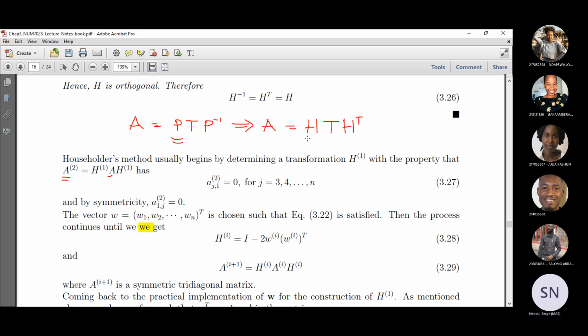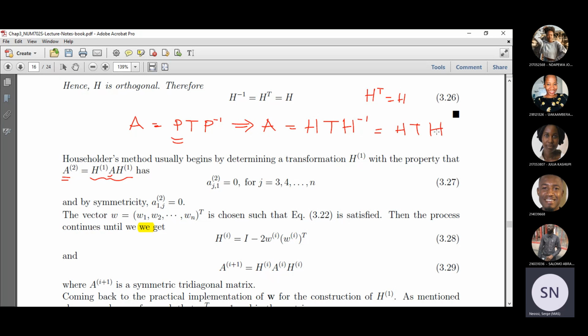Because we know that H transpose is H inverse, and we know that H transpose is H. That's exactly what we wrote here. H transpose or H inverse, they are all the same. So that's why here you see this. We just rewrote this as H T H, right?